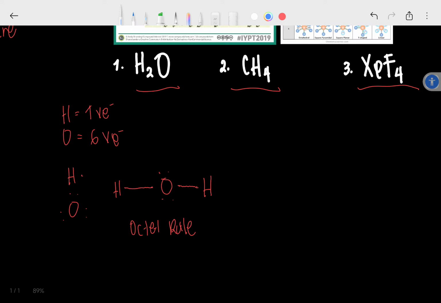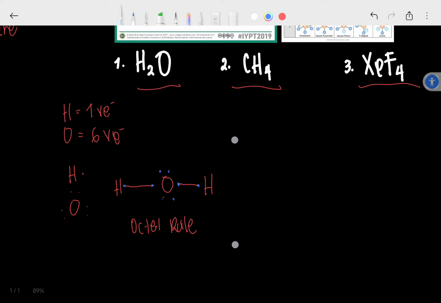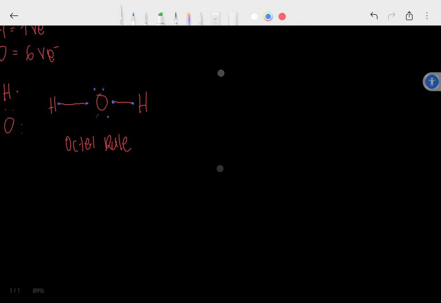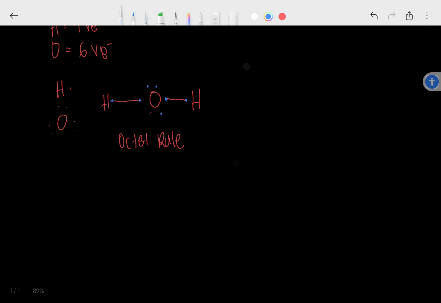As you can see, we already have here 1, 2 for hydrogen, and another 1, 2 for the other hydrogen atom. As for the oxygen, let's count its valence electrons: 1, 2, 3, 4, 5, 6, 7, 8. So this time we have already satisfied the octet of the oxygen.